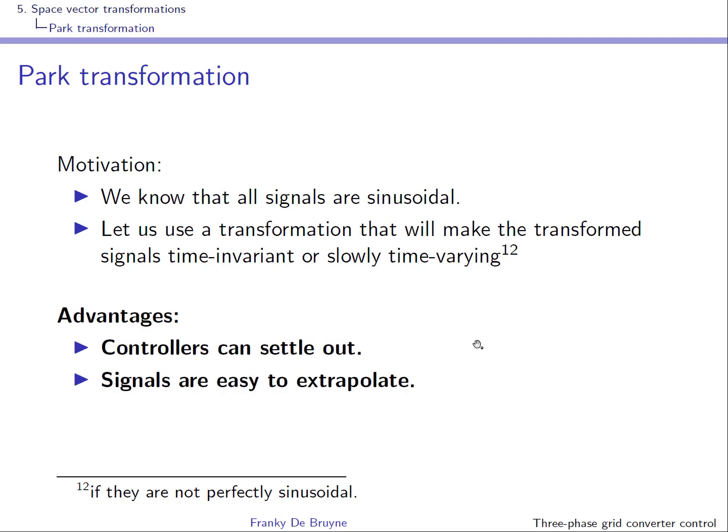The motivation is that we would have controllers that can settle out, and it is also easy to extrapolate a signal. For instance, with a sinusoidal signal it is difficult to see what will happen in the future, but with the Park transformation this becomes easier.